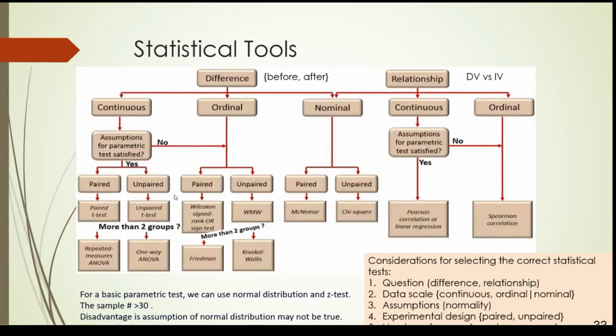So just now, you see there are parametric tests such as repeated measures ANOVA, one-way ANOVA, and paired t-test. If there's no normal distribution, then you can use Friedman, Kruskal-Wallis, Wilcoxon, WMW. Same goes for relation. If there is a normal distribution, you can use Pearson or linear. If there's no clear distribution, then you use Spearman correlation.